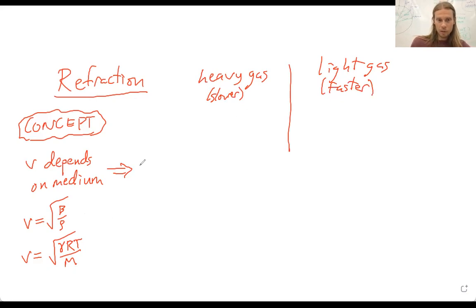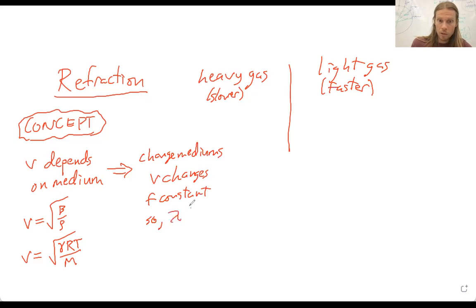So what happens is the frequency is constant, and if we change mediums, which is the whole point of refraction, I'm kind of putting these two together. Change mediums, V changes, F is constant, so lambda changes, right?